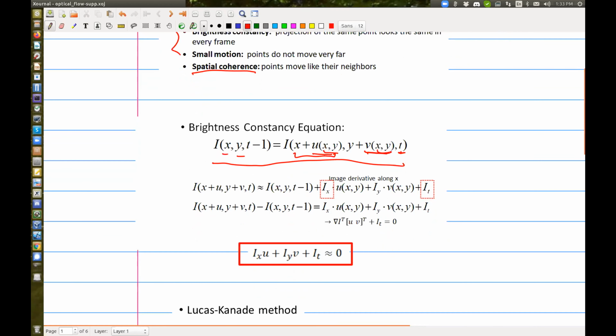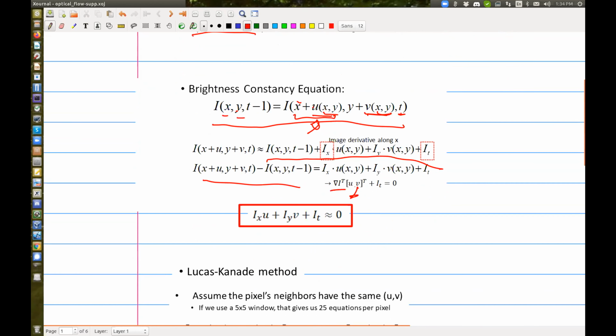Using Taylor series expansion on this one, then I have this expression here. And then if I subtract, these two are equal, so therefore the difference should be equal to 0. So I should have something like that, or in vector form or gradient form, it would be just like this.